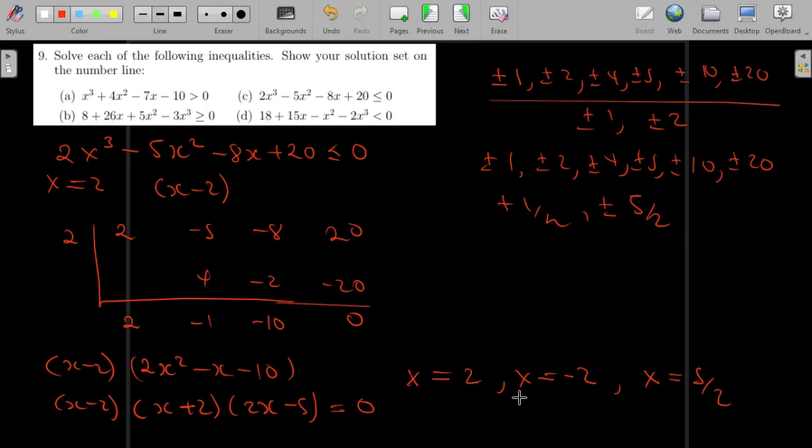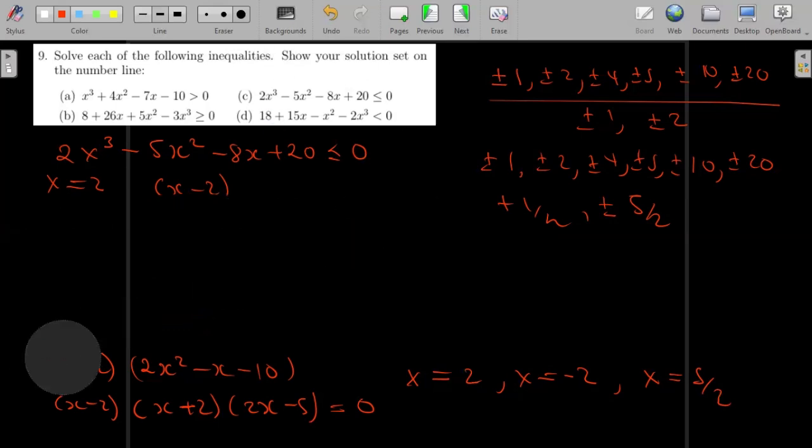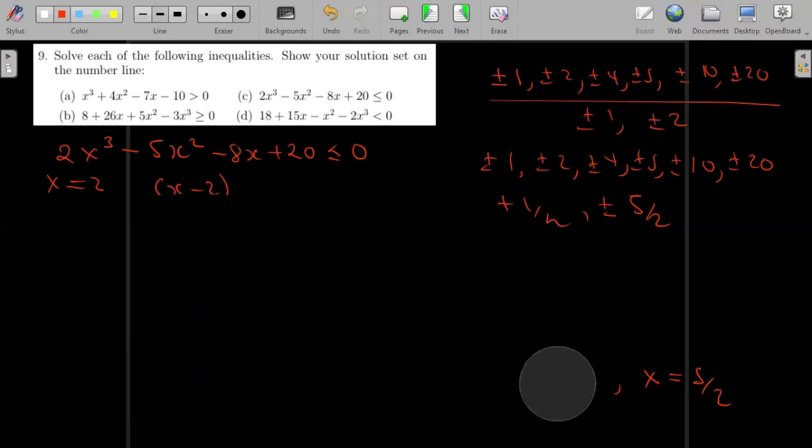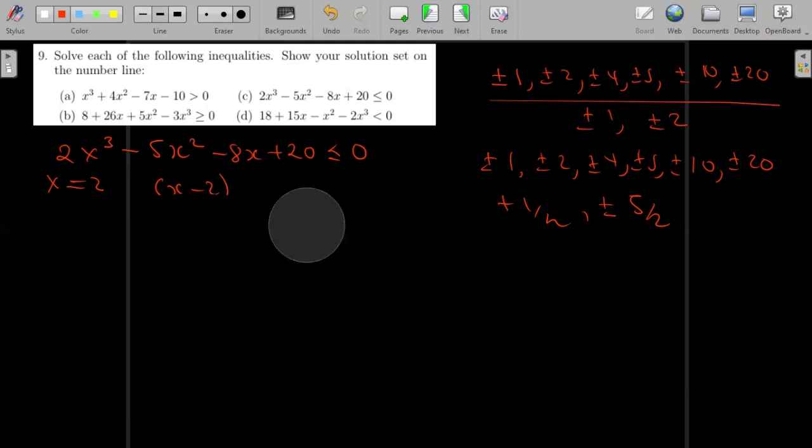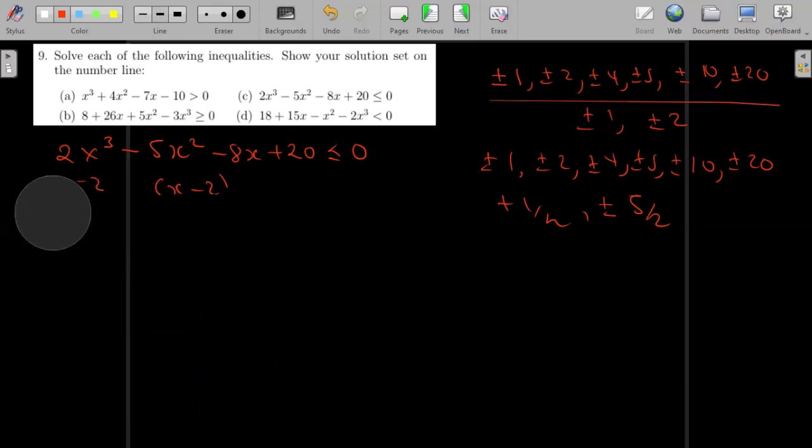So we get these values here. Now we can come up with our table. Let me write this again.